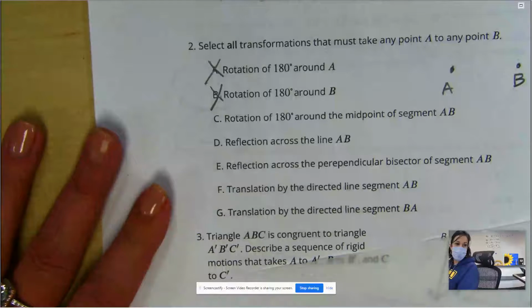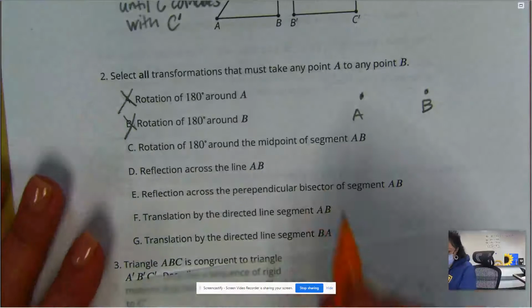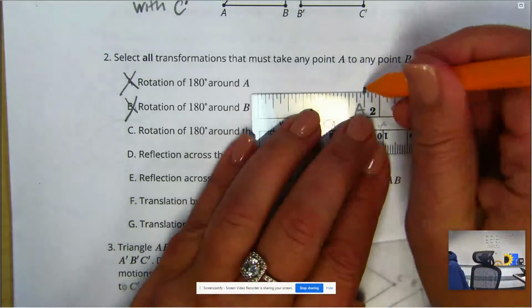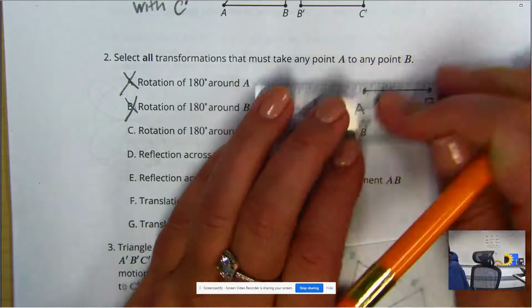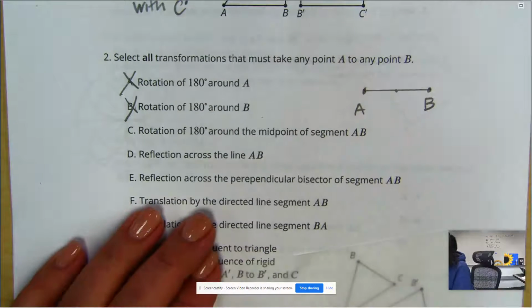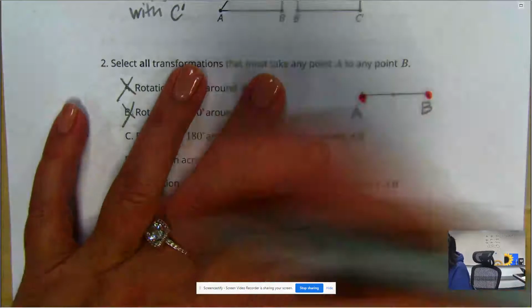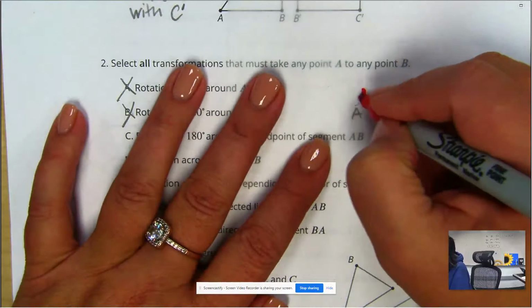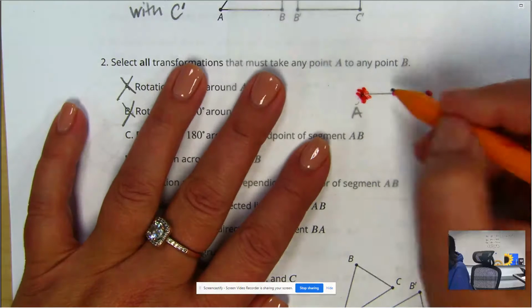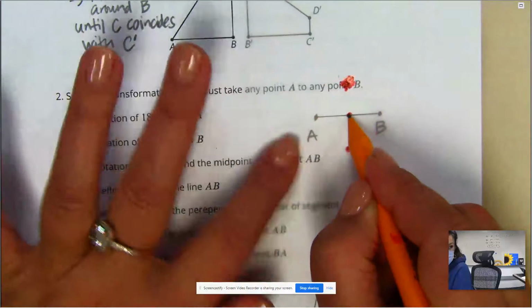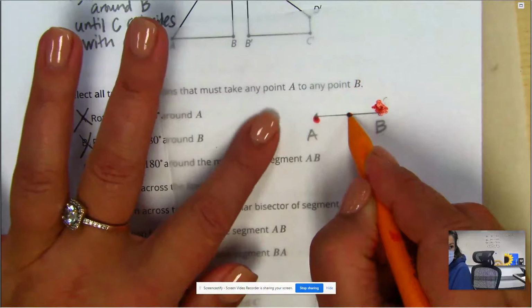Rotation of 180 around the midpoint of segment AB. So if I connect these, and I just eyeball the midpoint, and I rotate, I'm going to put a little star on A. If I rotate 180, does A land on B?